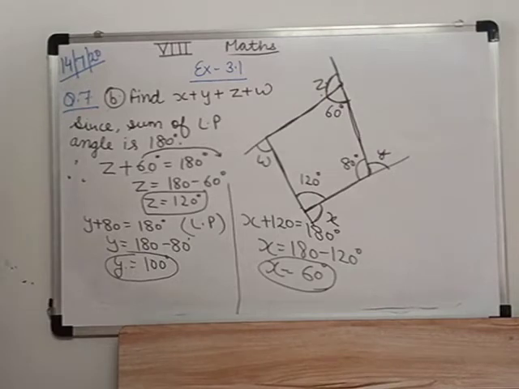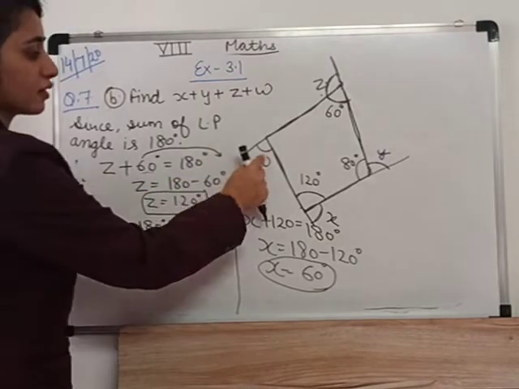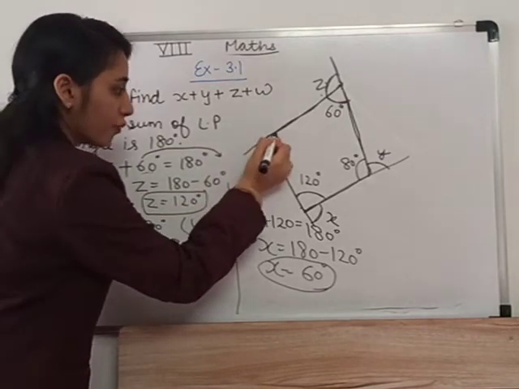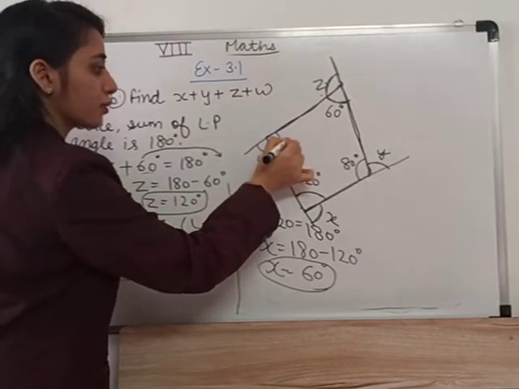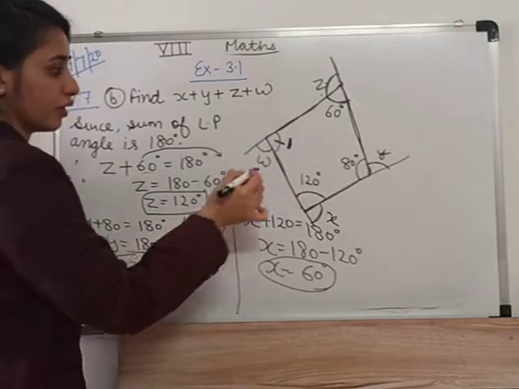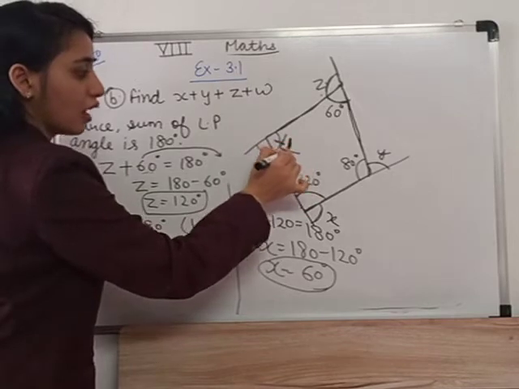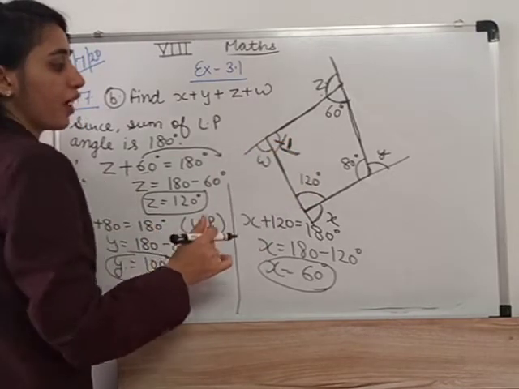Now what's the remaining value? It is w. How can we find the value of w? First find this angle. Suppose this angle is angle 1. How can we find it?